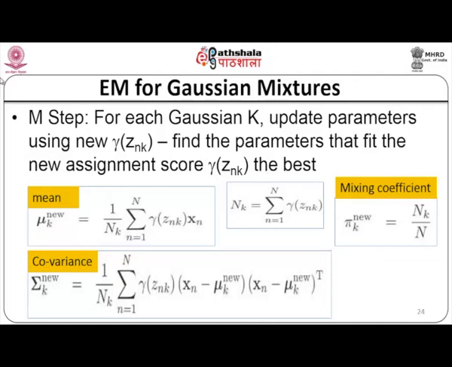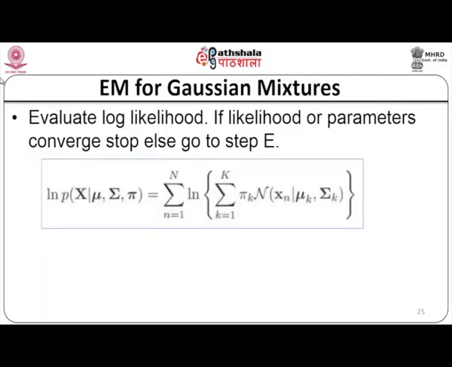So, these are the three new values you have got because of the score. That score is what is important here. Here n is the total number of points we are considering, and then you evaluate the log likelihood. If the likelihood of the parameters converges, stop; otherwise go back to the step.